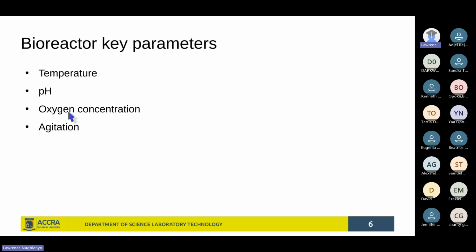That too has to be controlled to have a homogeneous mixture at all times, so that you have the reaction occurring at all parts of the system evenly. Right.